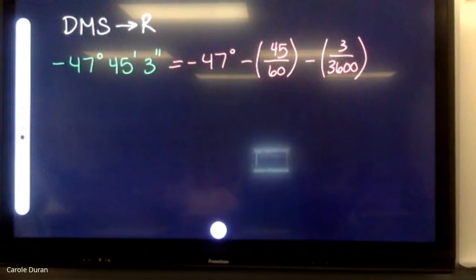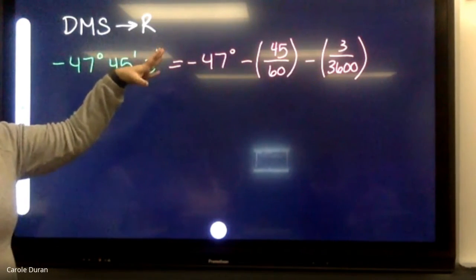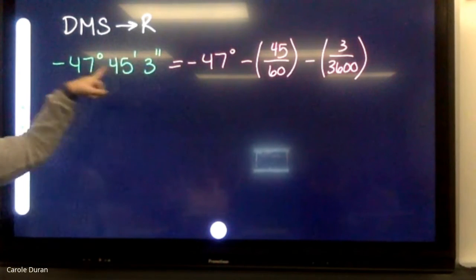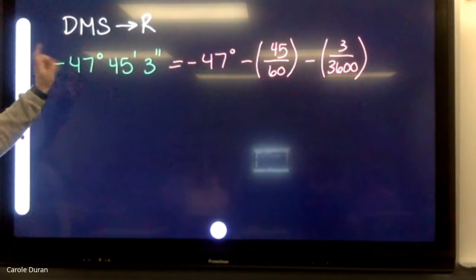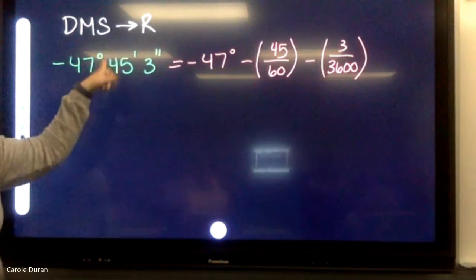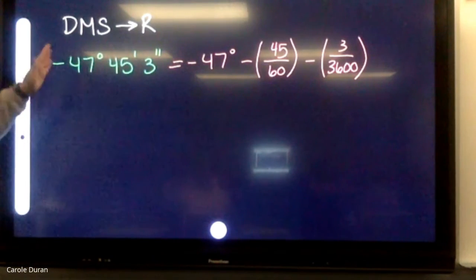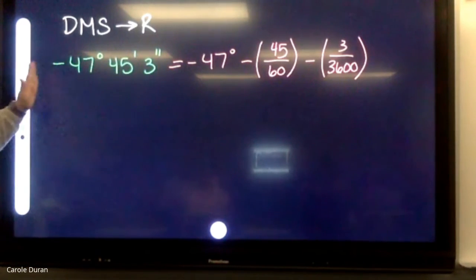The reason we do subtraction specifically on this one is that if you were to do negative 47 plus 45 over 60 plus 3 over 3,600, you're taking that negative 47 and backtracking toward the positive side, which is not allowed. This is negative 47 and 45 minutes and 3 seconds, which means it's at negative 47 and then slightly to the left, because I continued in that negative direction.